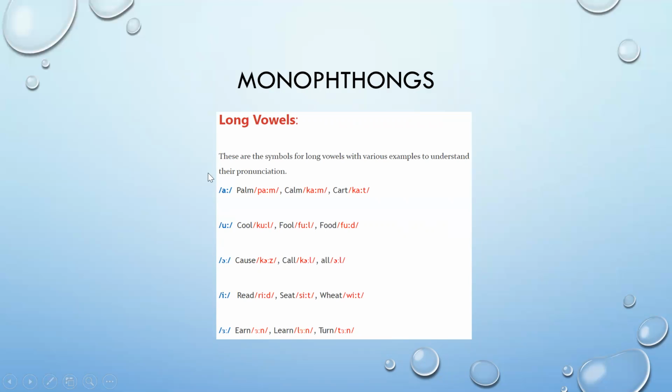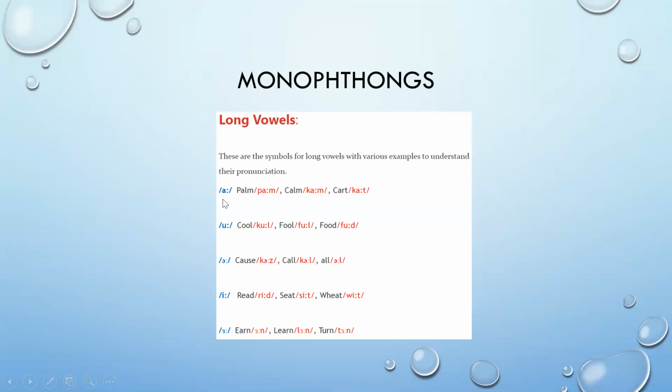Why are these two dots placed beside them, a colon kind of symbol? This symbolizes the way we have to drag the sound, and that is the reason these are called long vowels. So let us look at the first long vowel.